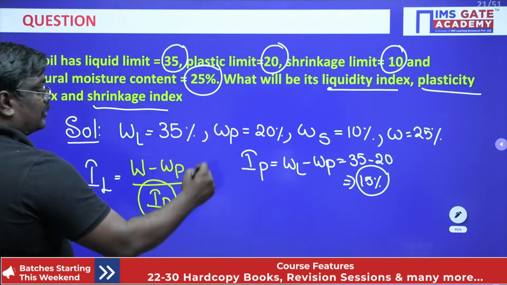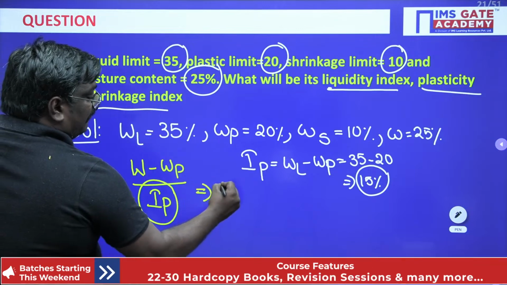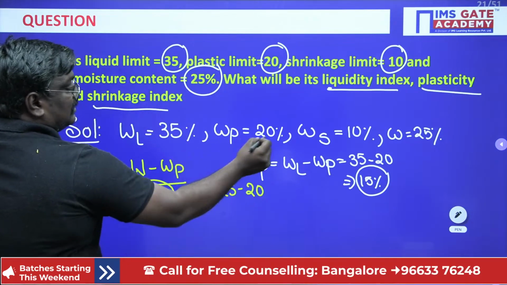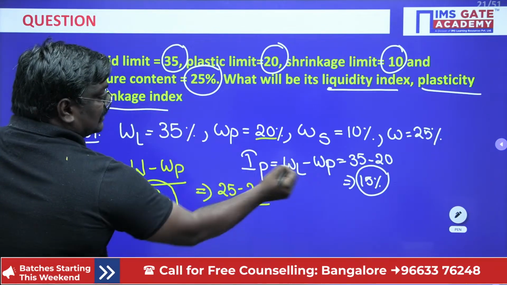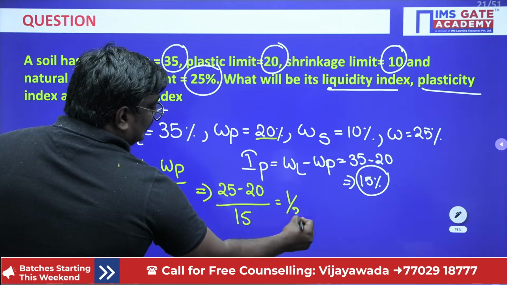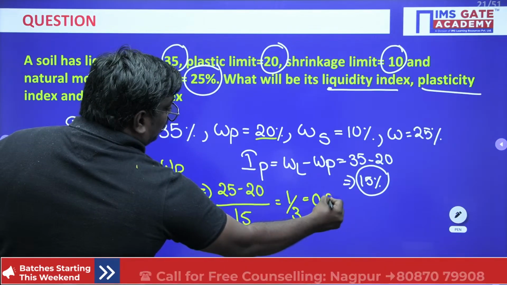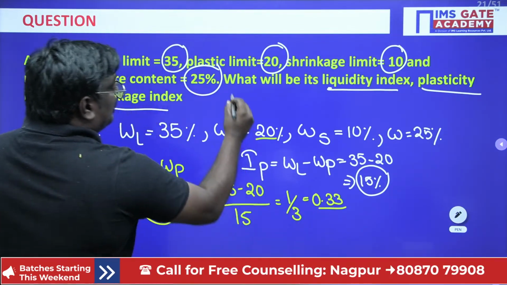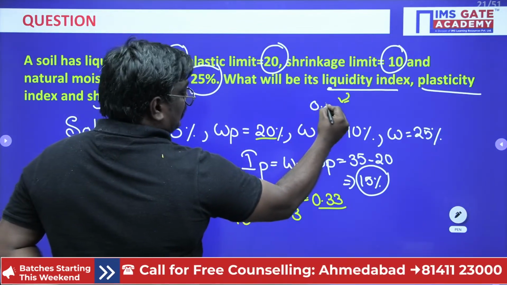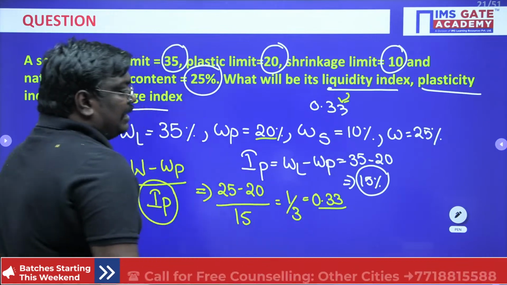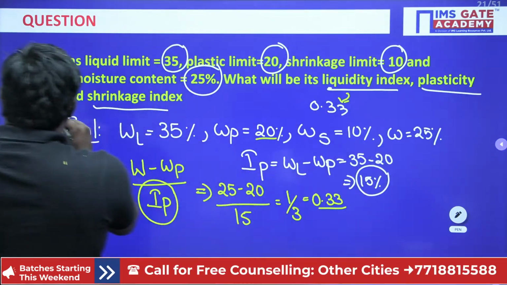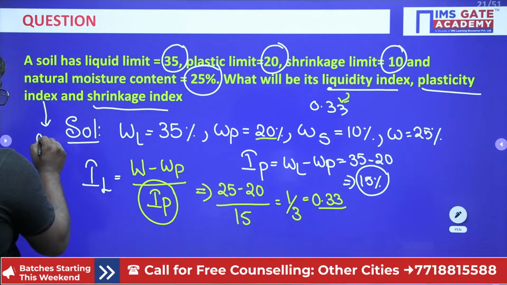You have the natural water content as 25 percent minus 20, because the plastic limit is 20, upon the plasticity index, 15 percent. You will get a value of 1 by 3, that is equal to 0.33. So remember, my dear students, the liquidity index is 0.33 and the plasticity index is 15 percent, so 0.15.